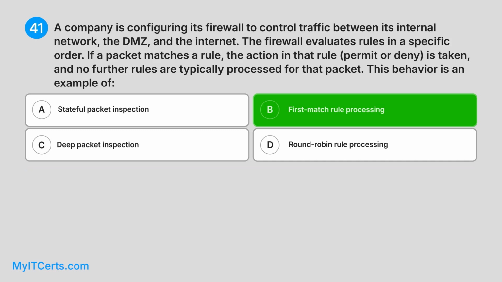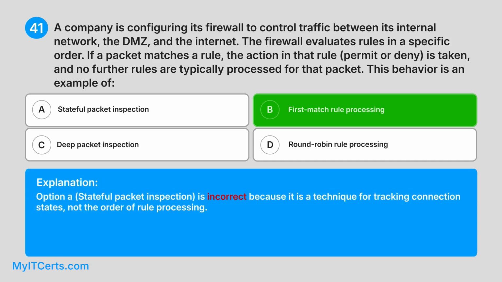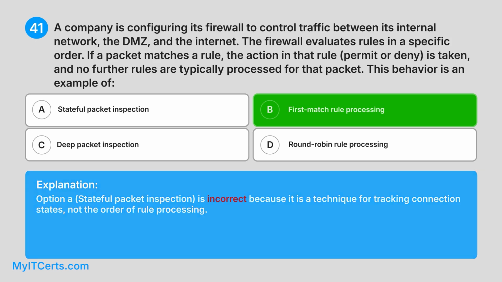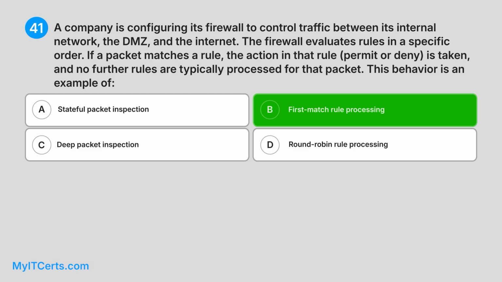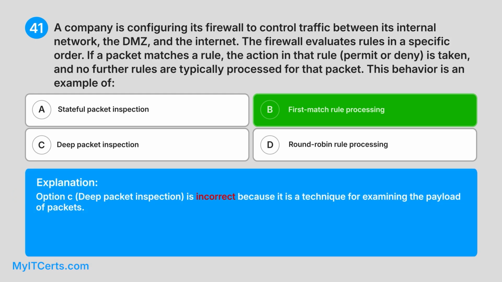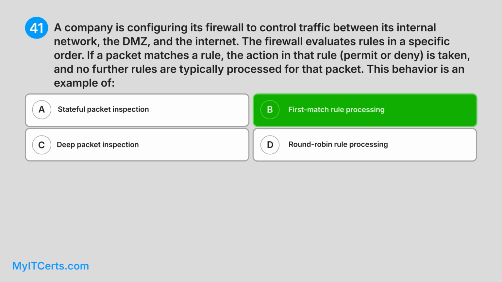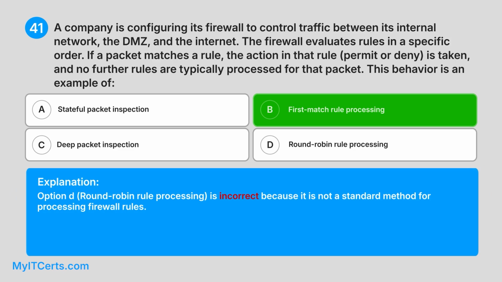Option A, stateful packet inspection, is incorrect because it is a technique for tracking connection states, not the order of rule processing. Option C, deep packet inspection, is incorrect because it is a technique for examining the payload of packets. Option D, round-robin rule processing, is incorrect because it is not a standard method for processing firewall rules.